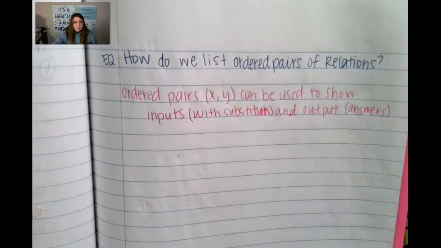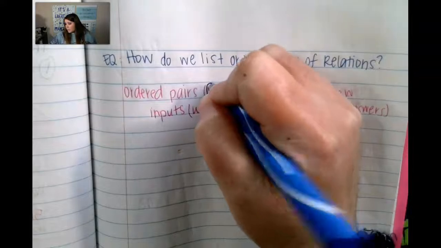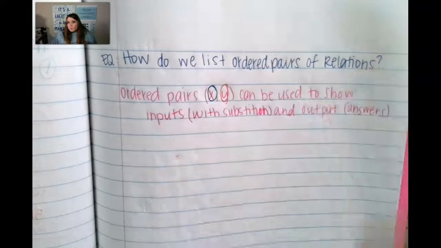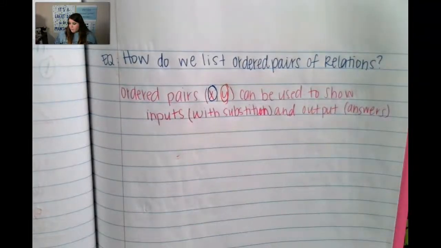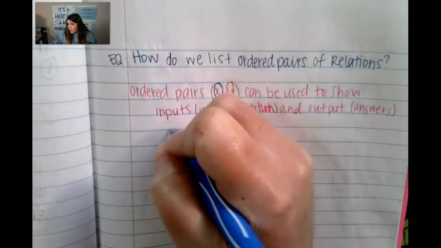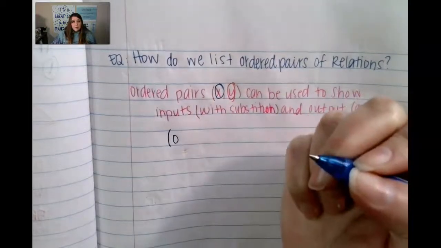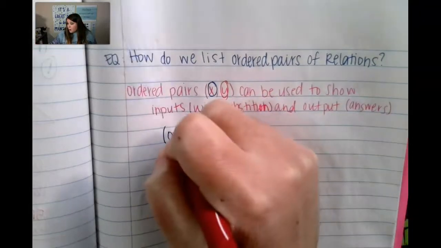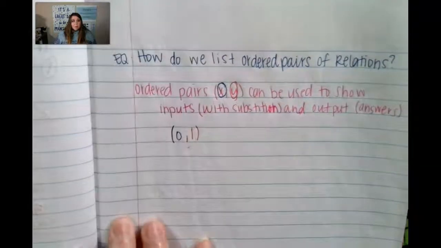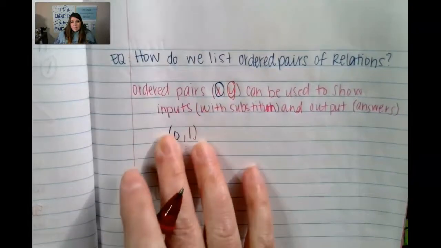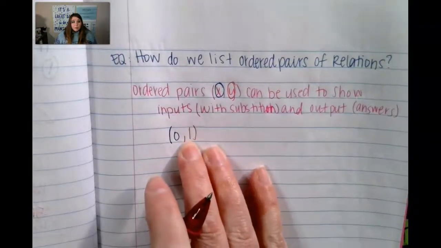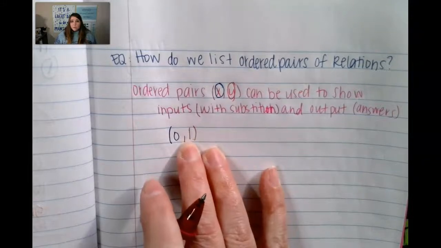All right, so let's talk a little bit more. Let's say I have an x value and I have a y value. If I were to solve a problem and I put in 0, and let's say the problem is x plus 1, my output then would be a positive 1. If my x was 0 and I did 0 plus 1, I would have an output of 1, or y would equal 1.